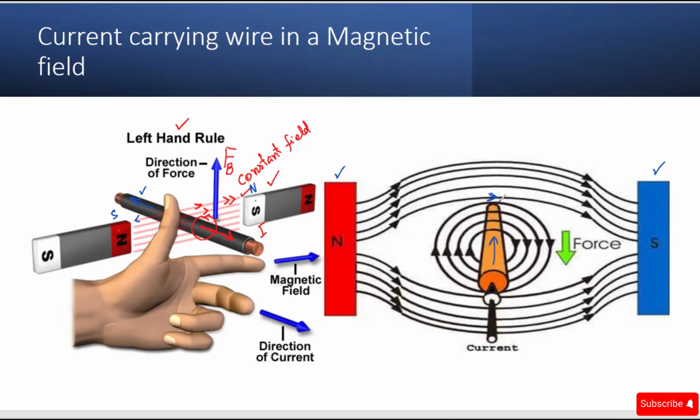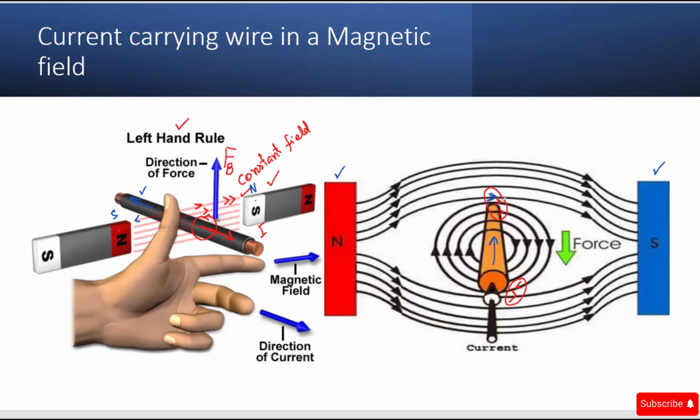But at the upper part, we have the magnetic field because of the wire, and both fields are along the same direction, so they add up. At the lower part of this wire, the magnetic field directions are against each other, so they cancel each other.